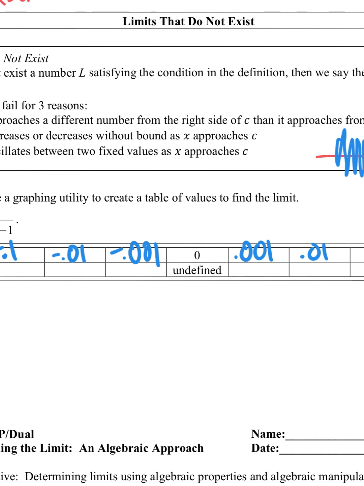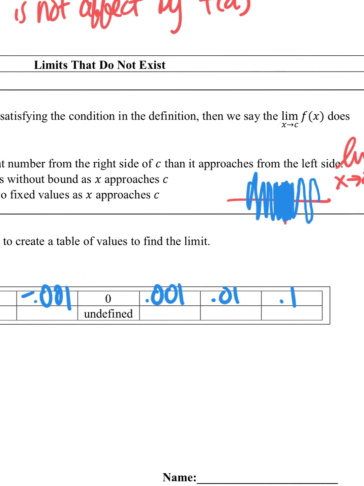Oh, I lied. This one, the limit that's the weird oscillating one, if you want to change it, it's sine of 1 over x. So basically 0.